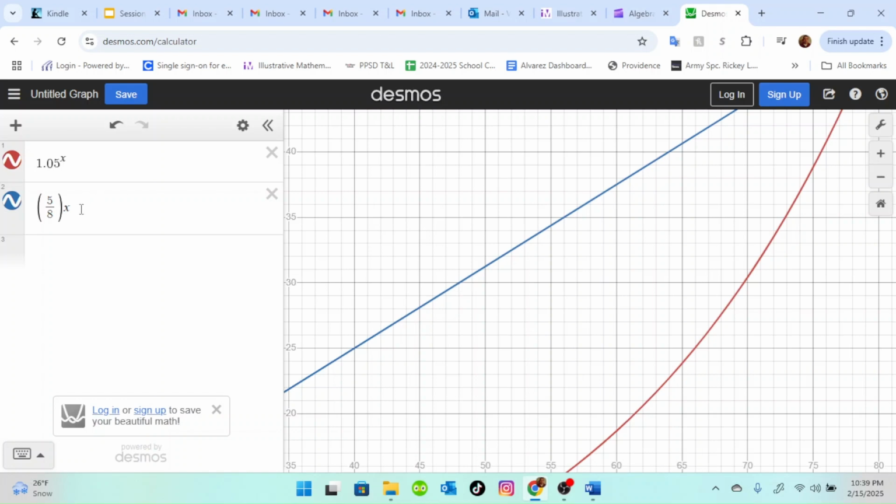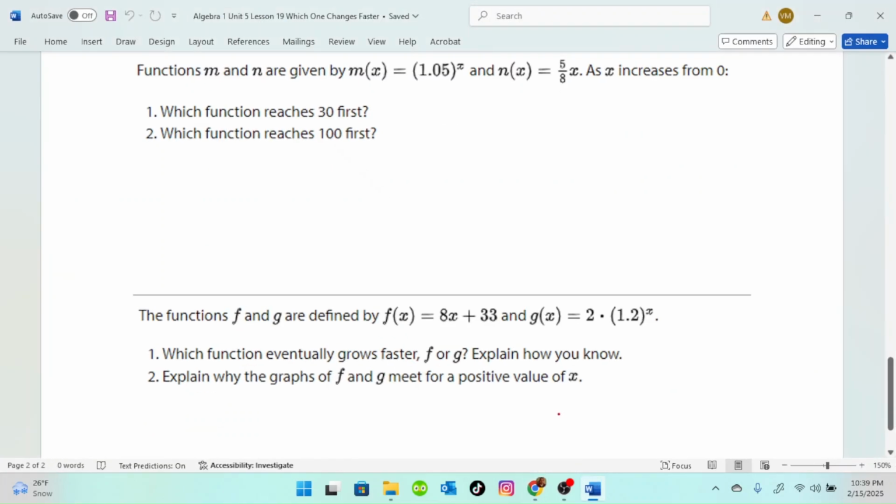The blue line represents the linear equation, so that is n of x. So n of x reaches 30 first.